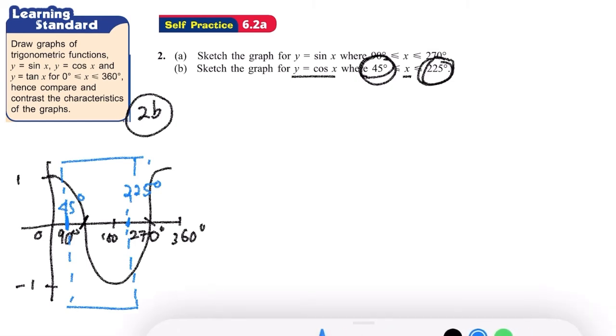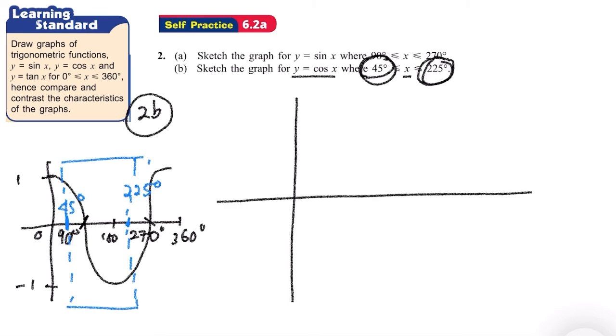So let's draw our graph. We draw the y and x-axis again. Now we start from 45 degree, which is going to be here, and our end is 225 degree.